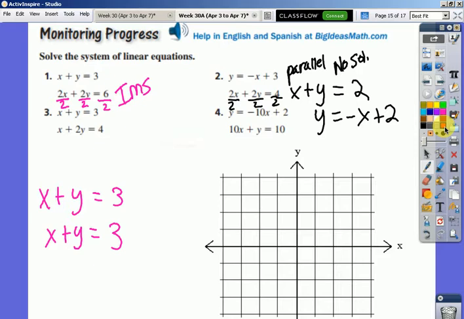What do you want to eliminate? X's or Y's? You want X's? Okay. So you want to change the top equation or the bottom? Top. Okay, so what will we multiply the top equation by? -1. So negative x minus y equals what? -3. x plus 2y equals 4.